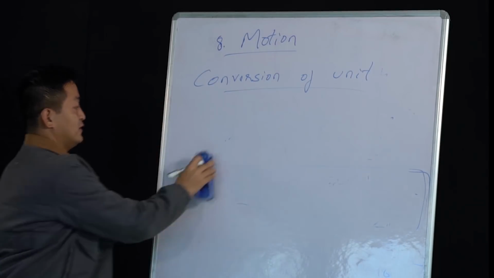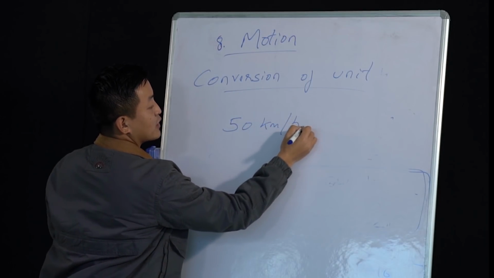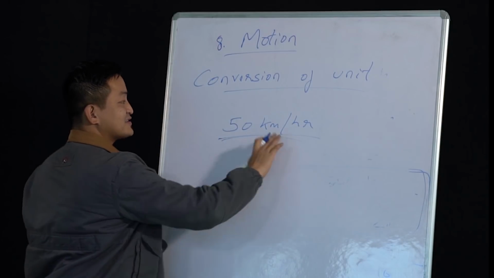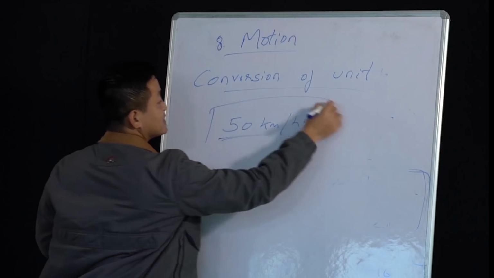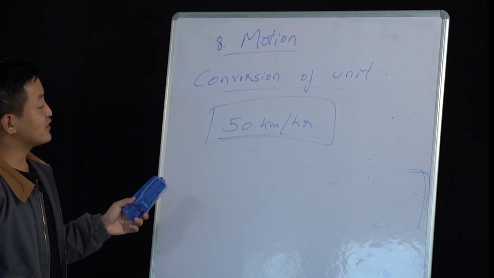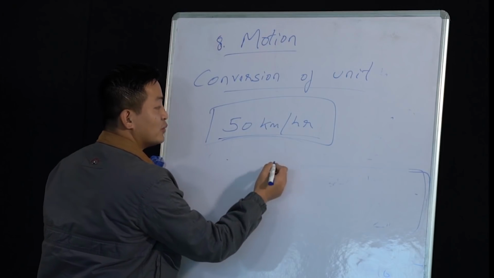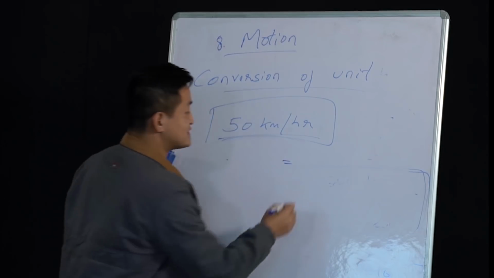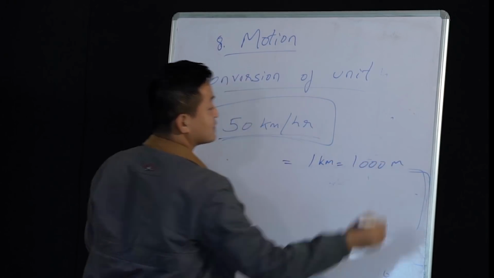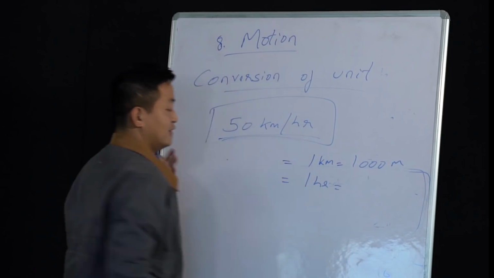Conversion of unit. Let's just say 50 kilometer per hour. Because it doesn't mention any direction, this is a speed. If you are told to convert this into meter per second, then in 1 kilometer, how many meters do we have? Students, in 1 kilometer we have 1,000 meter. And in 1 hour, how many seconds?